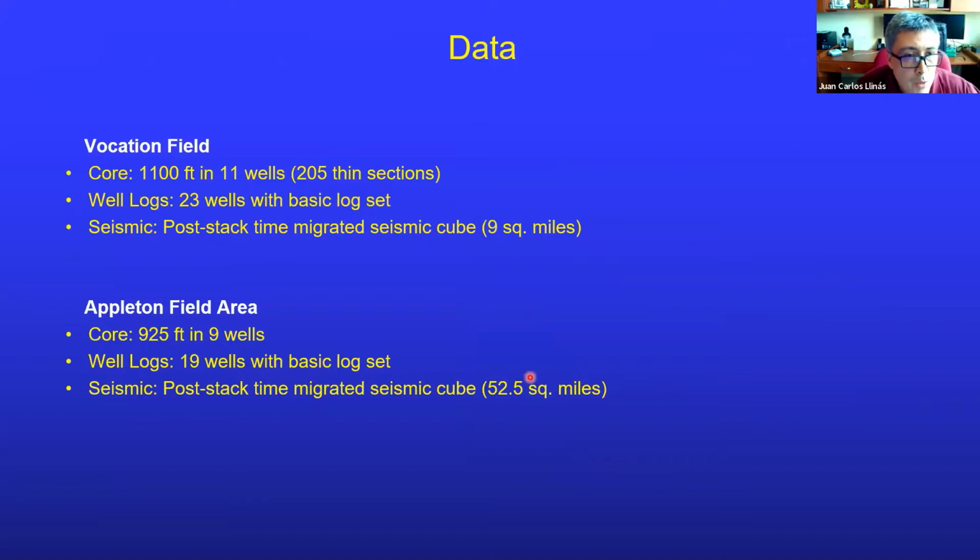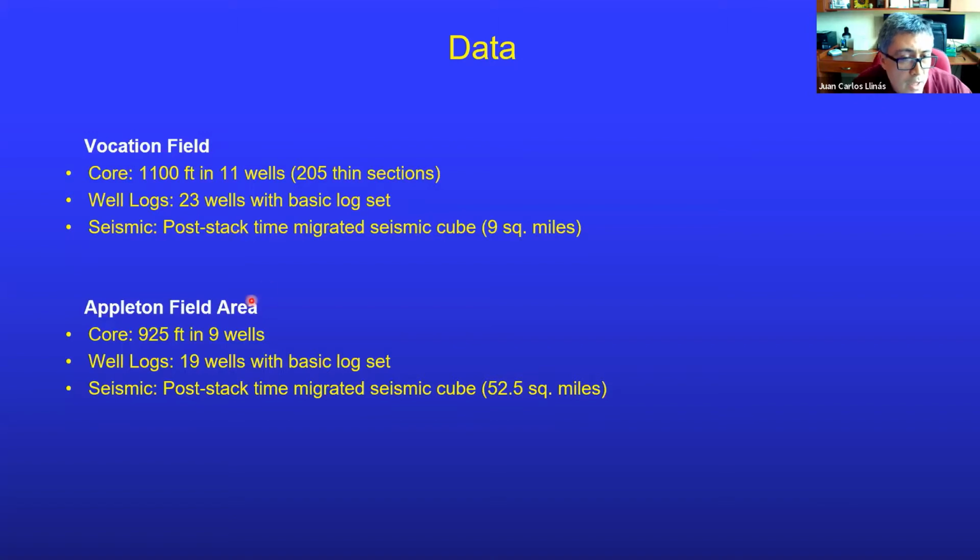About the data, we have pretty much two areas: the Vocation field area, in which we have 1,100 feet of core in 11 wells with more than 200 thin sections. We have 23 wells with a basic log set and a seismic cube of 9 square miles.